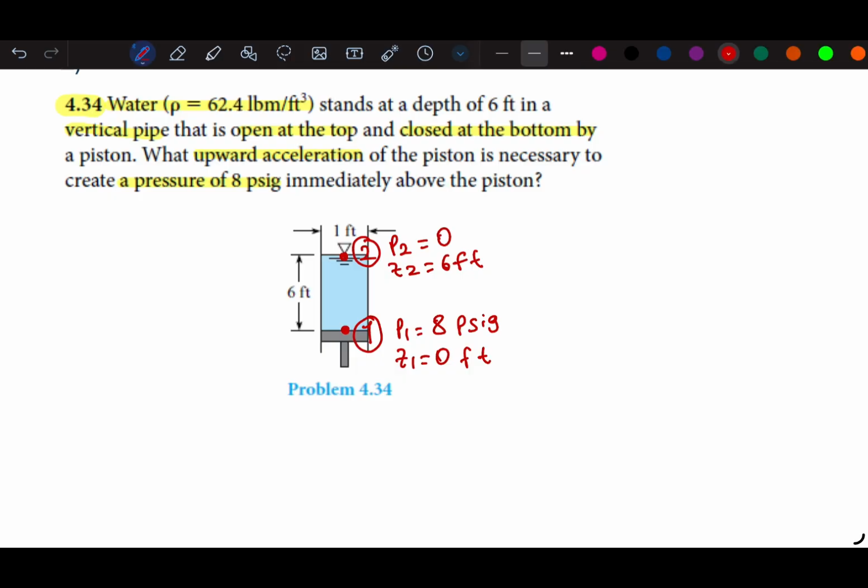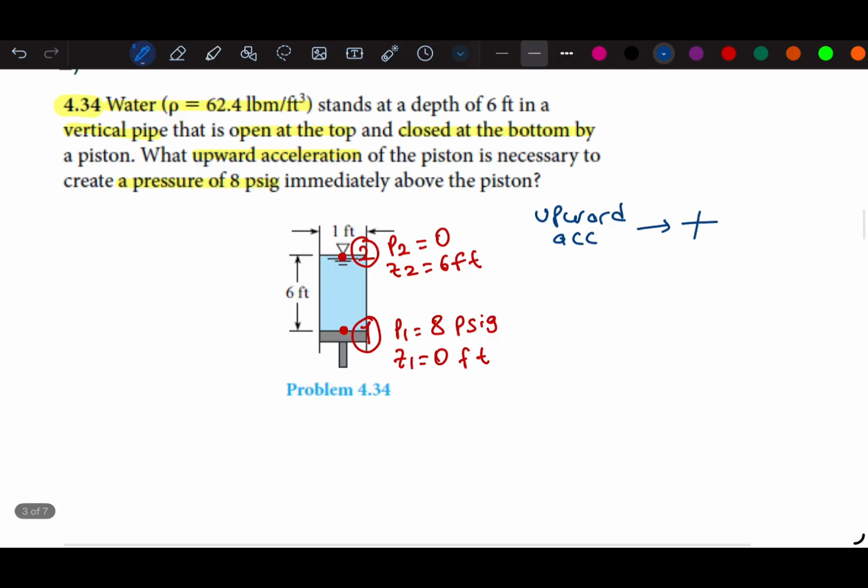Here we need to find the upward acceleration. So here you can make an assumption. We are taking upward acceleration as positive because, as you will see later, we will have minus on some sides, I mean minus on the left side or right side. So the only thing with this sign is assigning the direction.